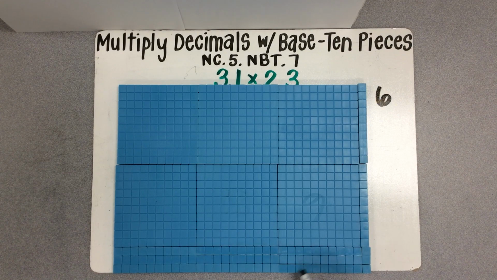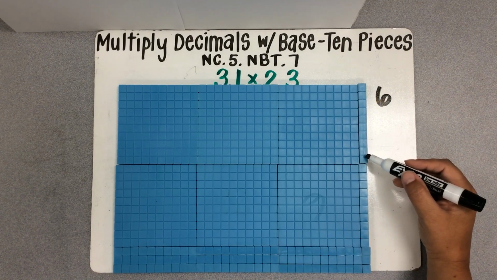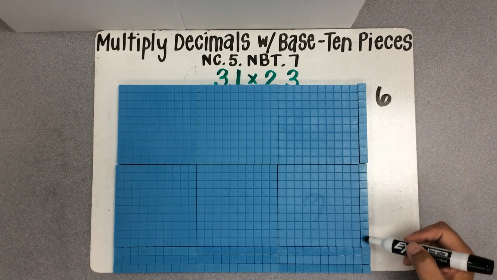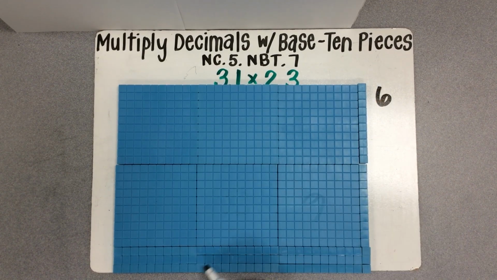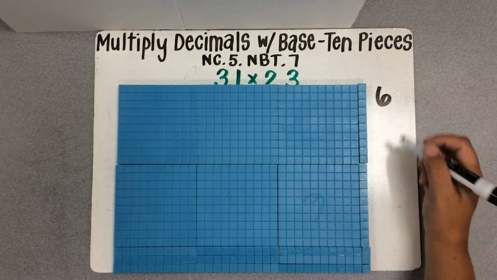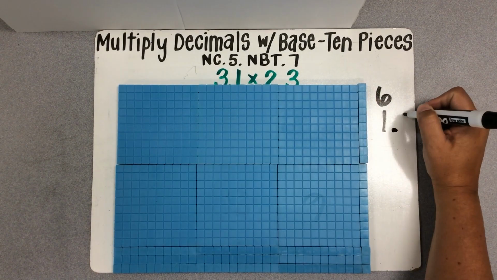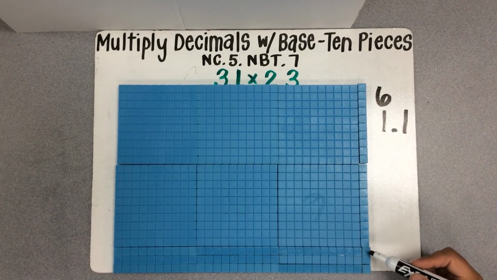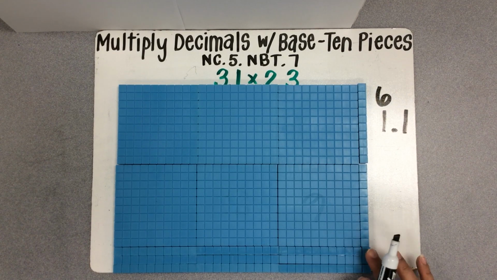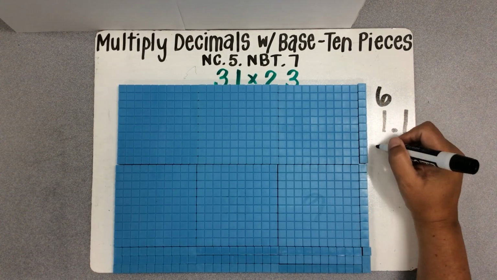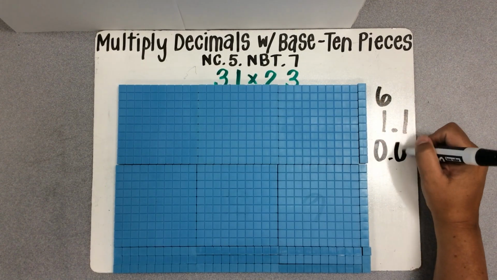Well, I know if those 9 tenths had just one more tenth from here, that would be 10 tenths, which is 1 whole, and we'd still have 1/10 left. So I know that by adding all of these tenths together, I have 1 1/10. And then lastly, I see here that I have those 3 hundredths that I would need to add together as well. So I'll write 3 hundredths.